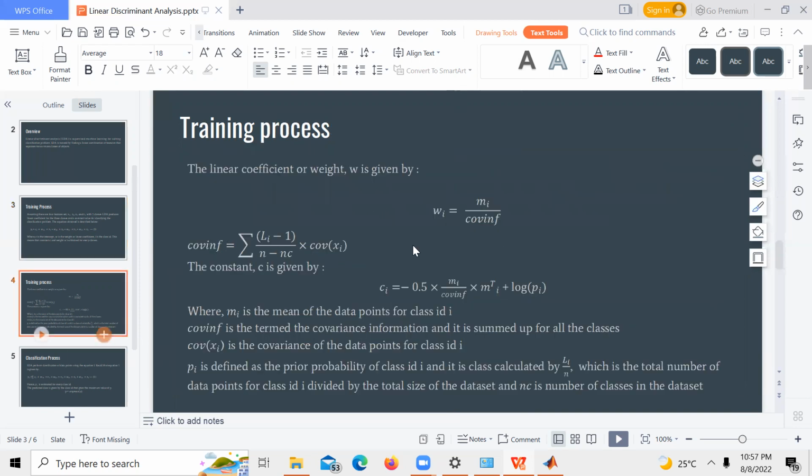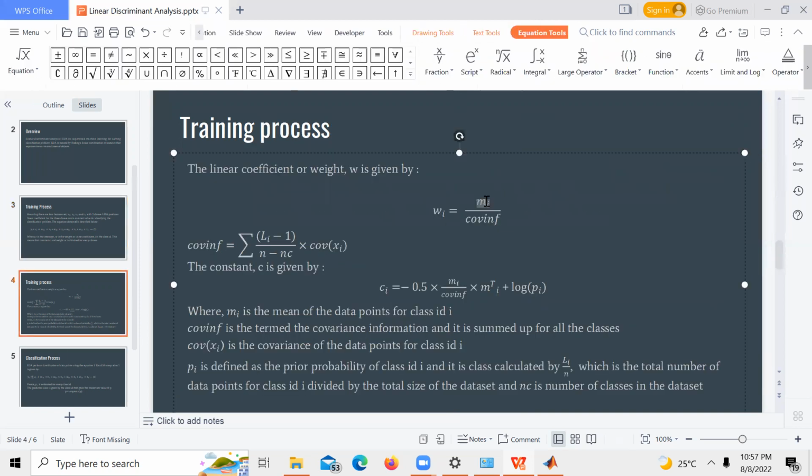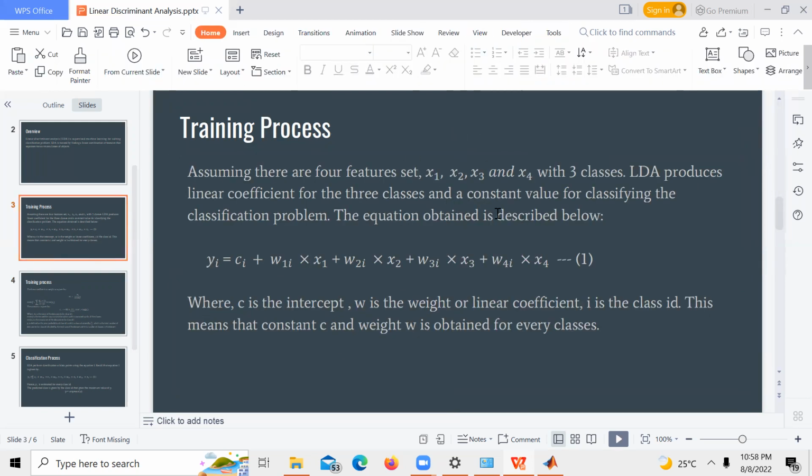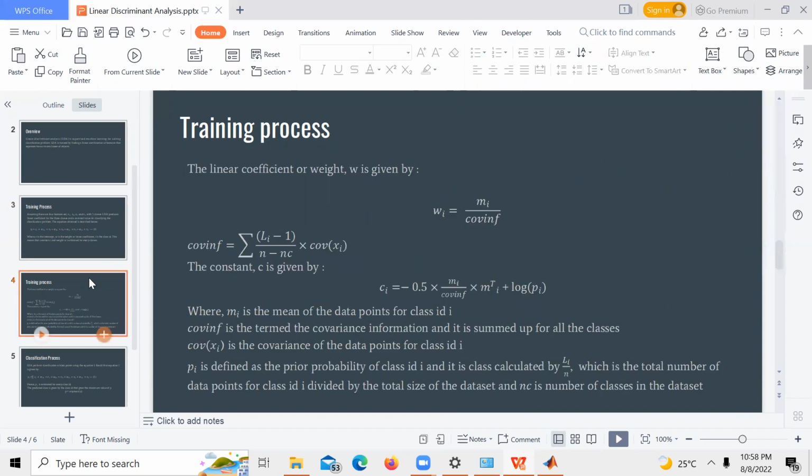The way we get this Mi, which is the mean, is we extract the subset for the first class, which is those 50 records. So for class ID1, the first class, we extract the subset for it. Then we find the mean of every feature, which is this Mi.